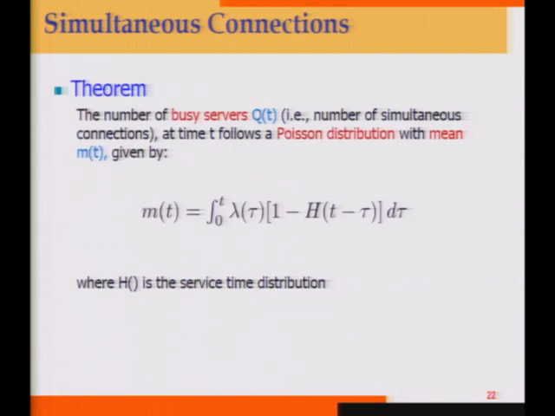So the theorem says that the number of busy servers, Q(t), which is the number of simultaneous connections at any given time t, follows a Poisson distribution with mean this quantity. If you want to write the Poisson distribution, that would be e raised to minus this quantity, and then this quantity raised to n over n factorial, if you want to find the probability of n customers for any given n.